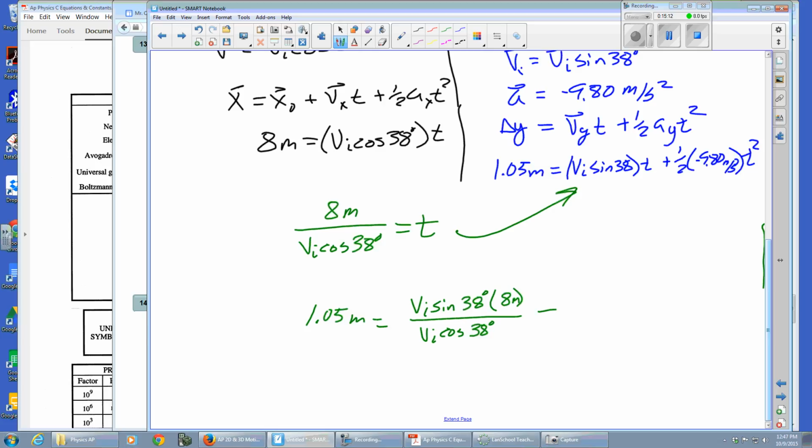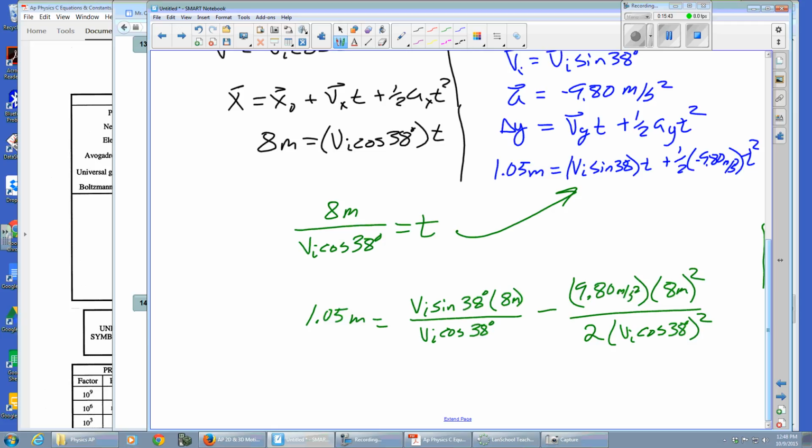And we'll do minus 9.80 meters per second squared times 8 meters squared over 2 times vi cosine 38 degrees quantity squared. Now, some nice things happen, like the vi drops out here, and you're left with tan of 38 times 8, right?